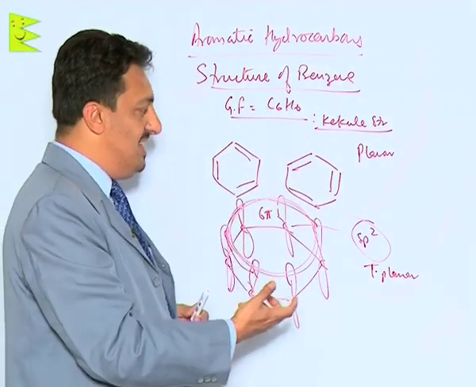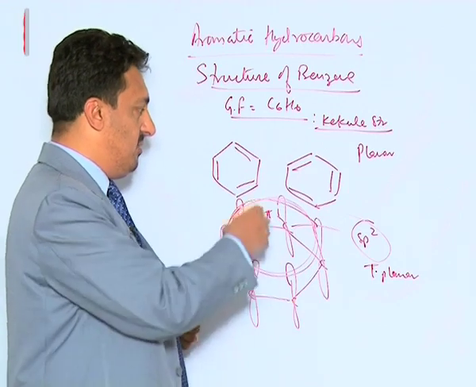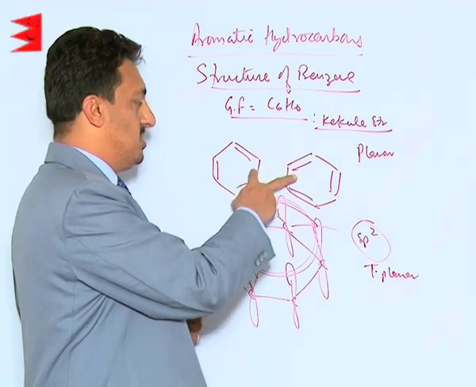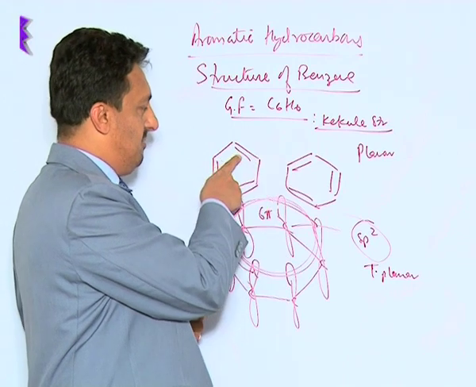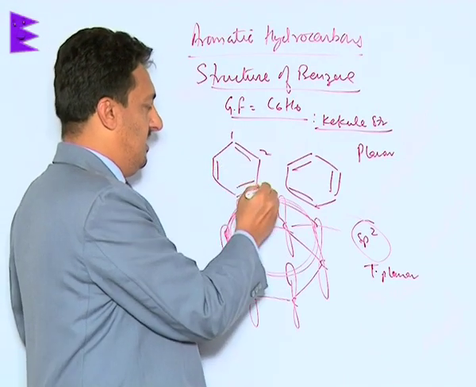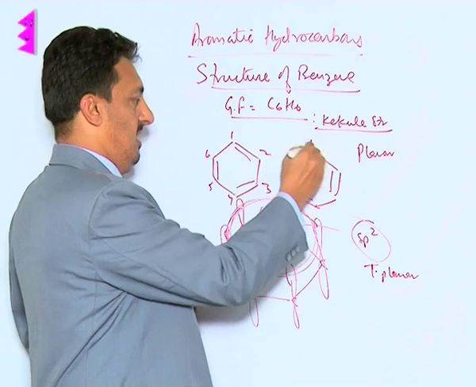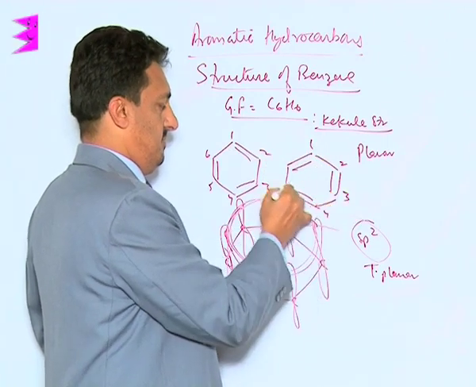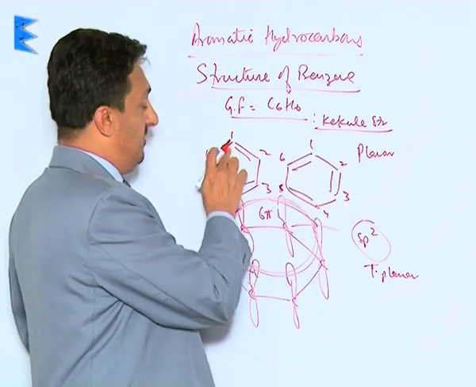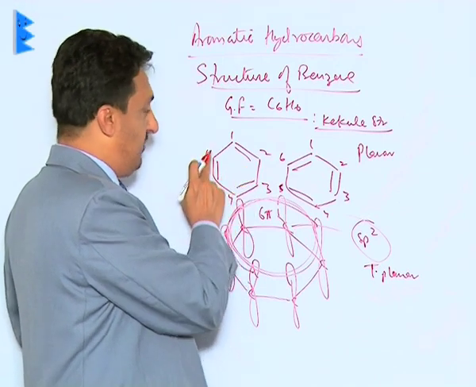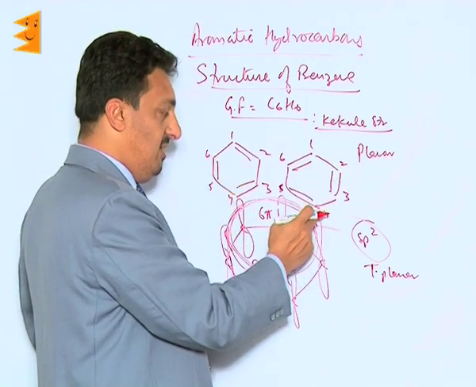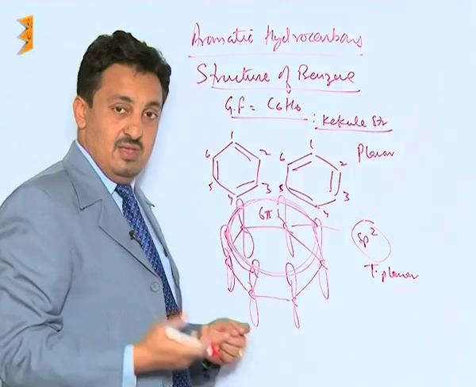So there's a complete delocalization, and as a result we represent it by its 2 canonical structures. If I number it, the double bond can be between 1 and 2, 3 and 4, and 5 and 6, or it can be between 2 and 3, 4 and 5, and 6 and 1. So any one of these.